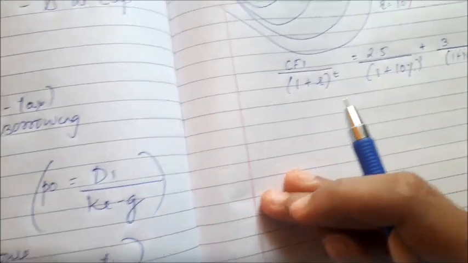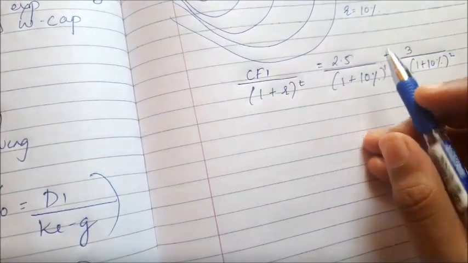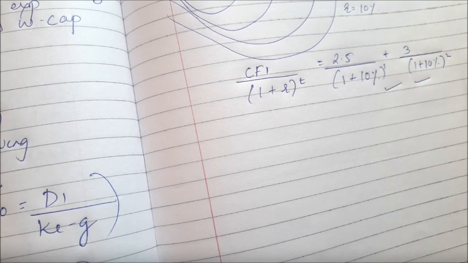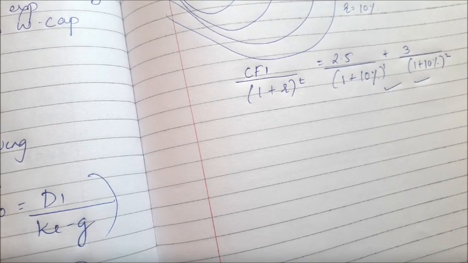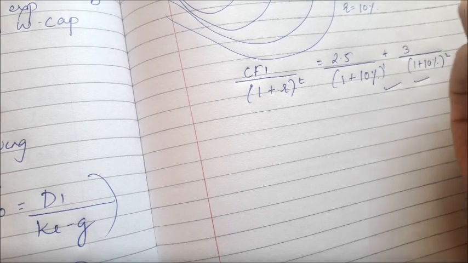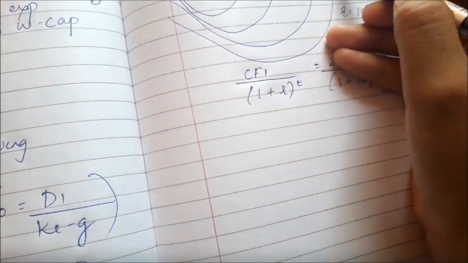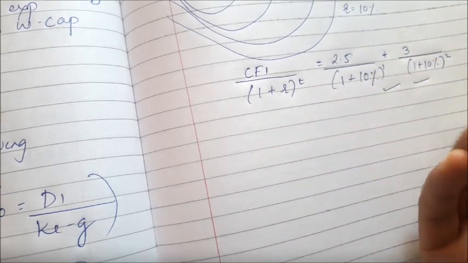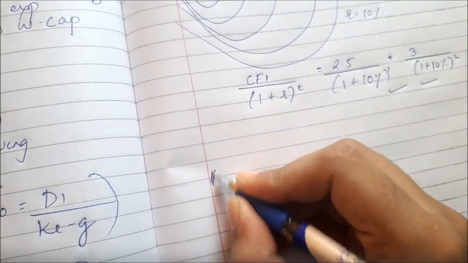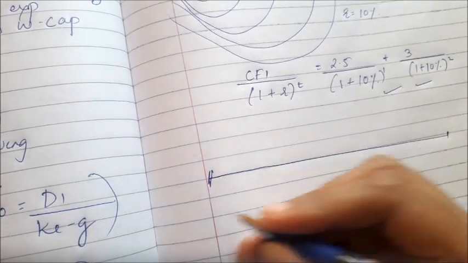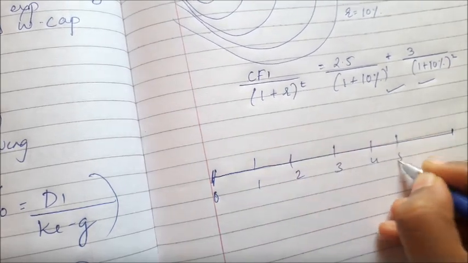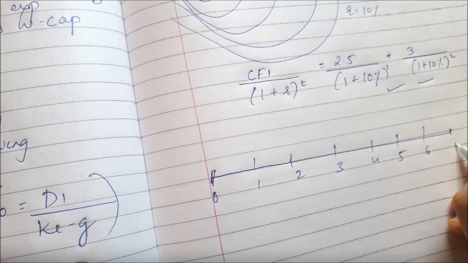So one other formula is there for doing this, but this is for uneven cash flows, while in case of even cash flows, if we are required to find for a certain period, that is the high growth period and terminal value, we have other formulas. Let me take another example: 0, 1, 2, 3, 4, 5, 6, and so on.